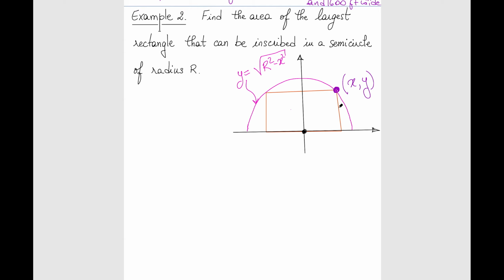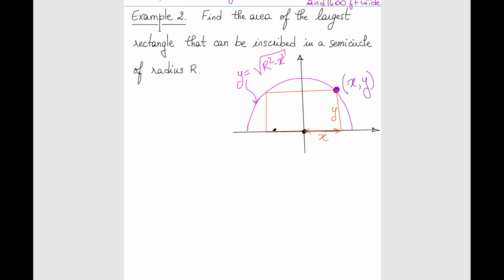So this height is y, right? This height is y because this is the height of the point. And this guy over here is x. But we're taking the center of that semicircle to be the origin, so the y-axis is an axis of symmetry of that semicircle.